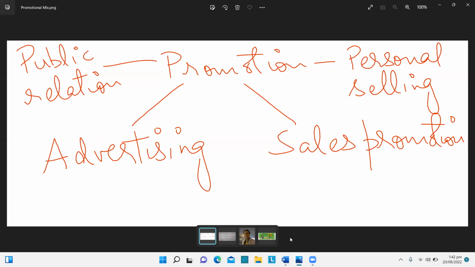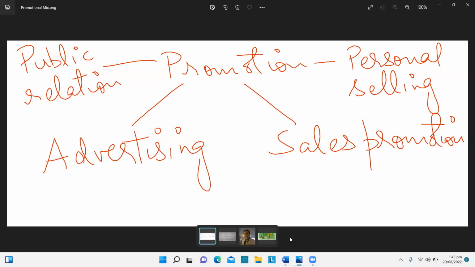Then we have two other elements. One is public relations, which we now call PR as well. This is important, and it means you want to establish a good relationship with the people you feel can be your potential customers. And how do you do it? For example, one way is by having a press conference.